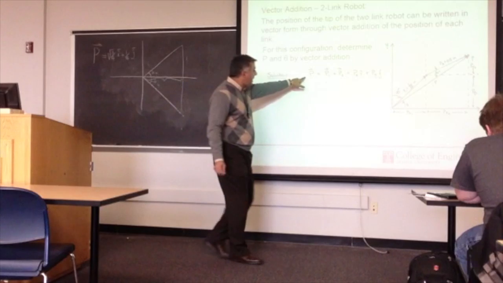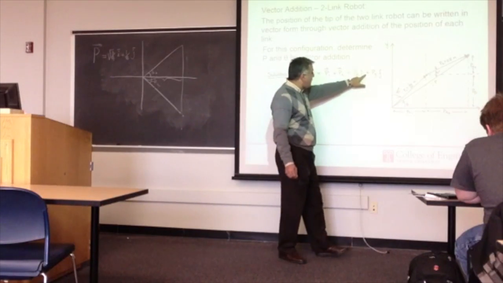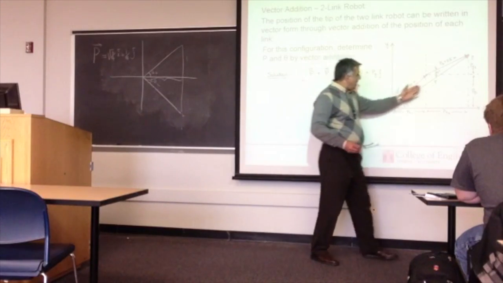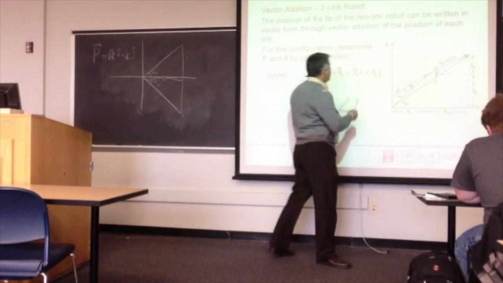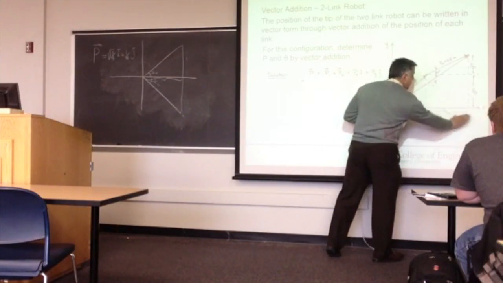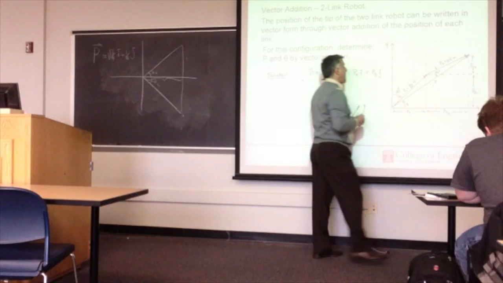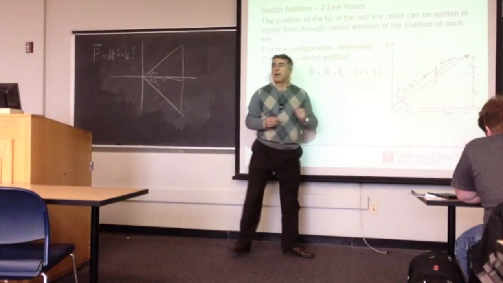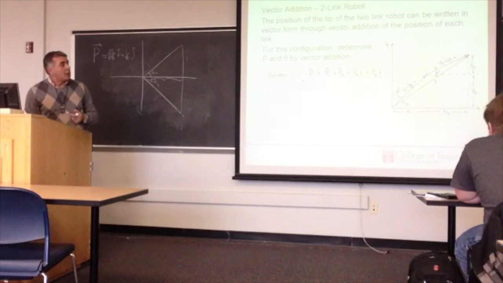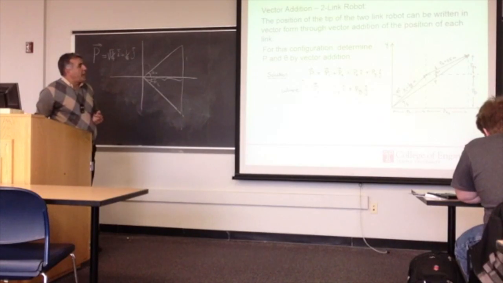So when I say P is equal to Pxi plus Pyj, that means this vector has two sides to it. One is in the x direction or i direction, and the other one is the y direction. And the values are Px and Py. So this is how we describe it in a Cartesian coordinate system. And the summation.